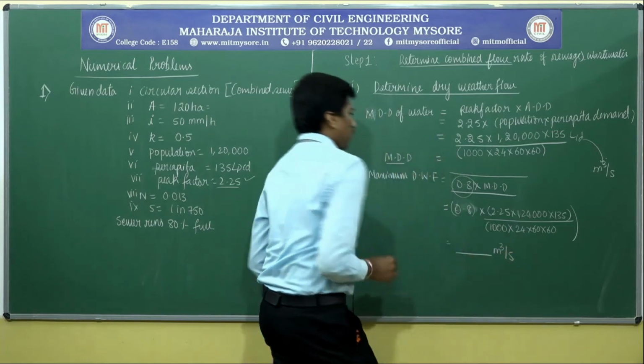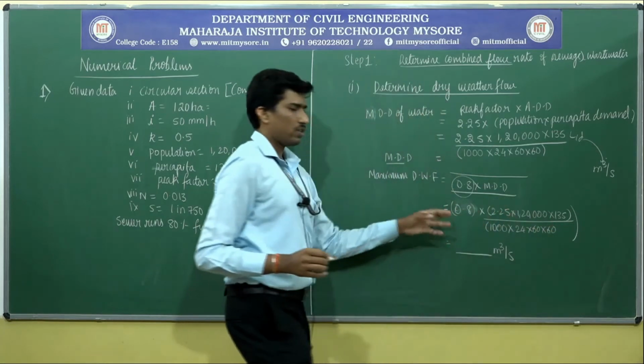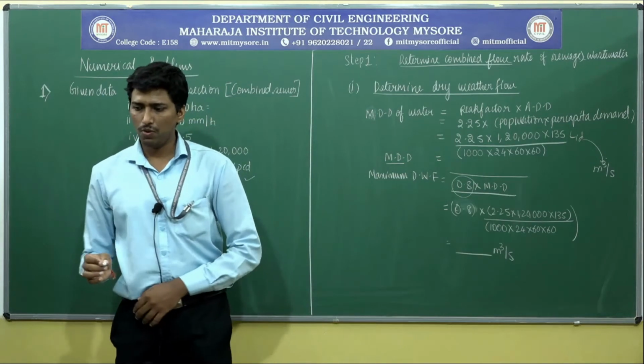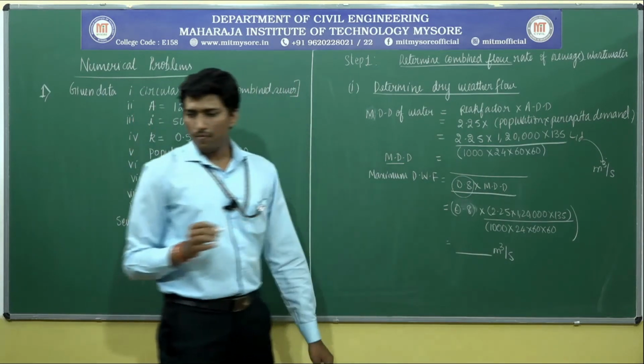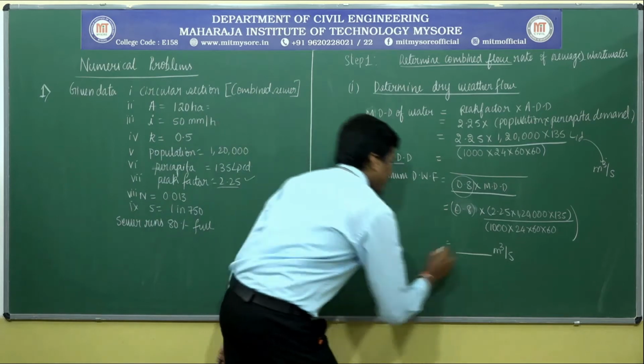The answer, if you compute using your calculator multiplied by 0.8, gives you the value of 0.3375.